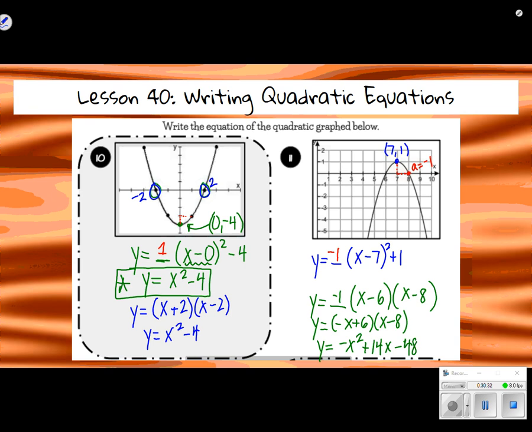And then you can go and graph either of these in the graphing calculator, compare it to the graph that you were given. Are they the same? Do they look similar? And then sometimes you can catch, you can be like, oh, a isn't 1. I need to flip that upside down. a needs to be -1. Get that reflection in there.